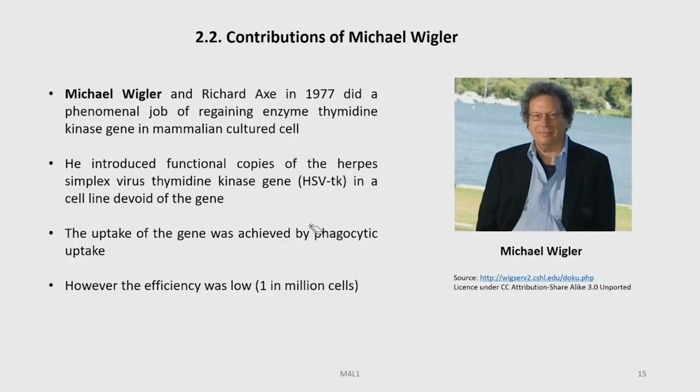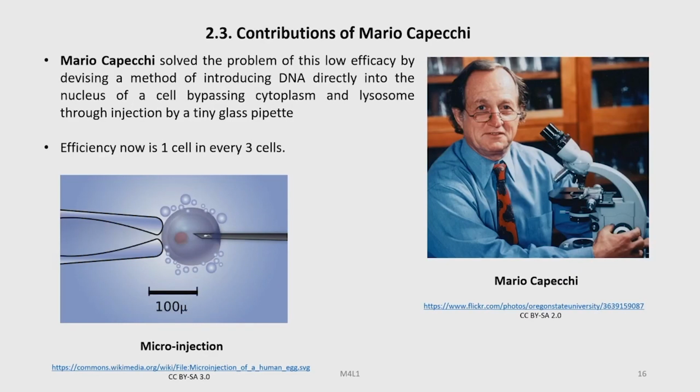So, he made a HSV-TK negative cell line HSV-TK positive. The uptake of the gene was achieved by phagocytic uptake. However, the efficiency was low, 1 in a million cells.